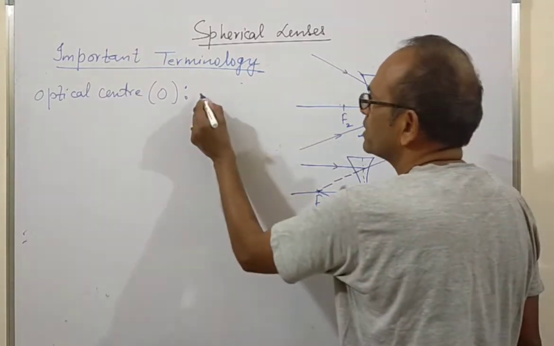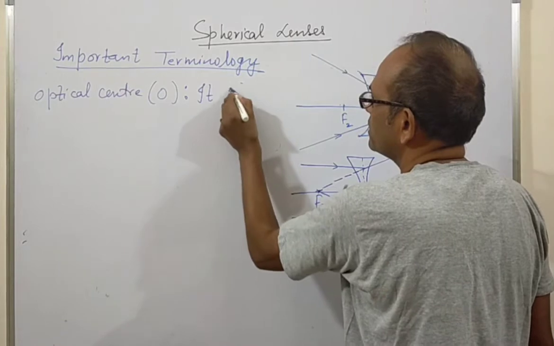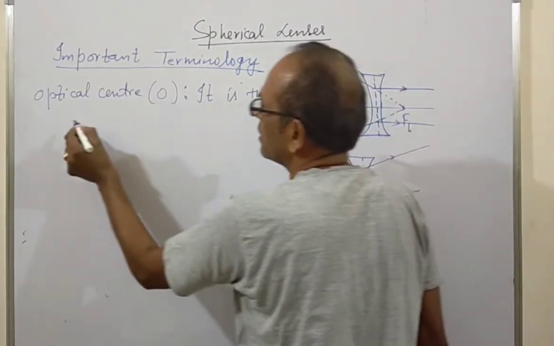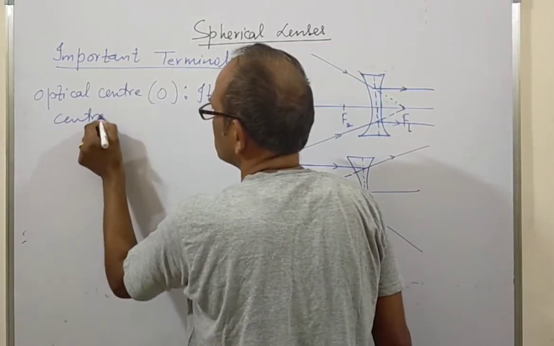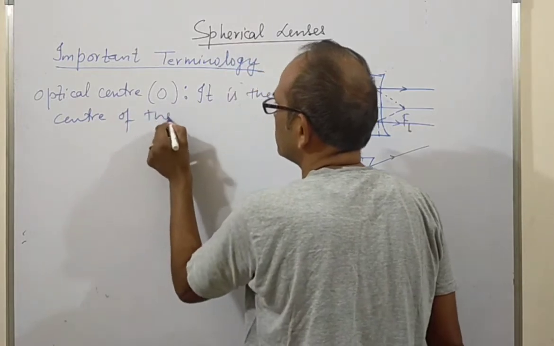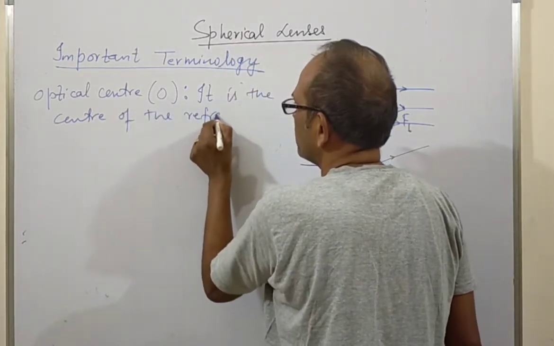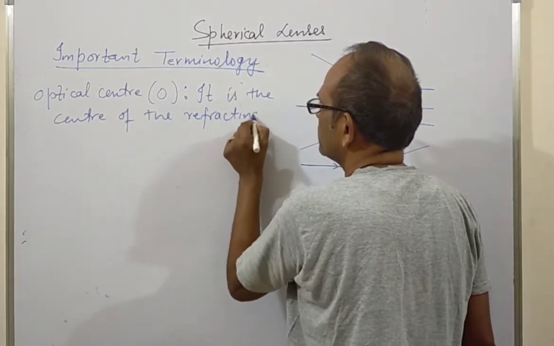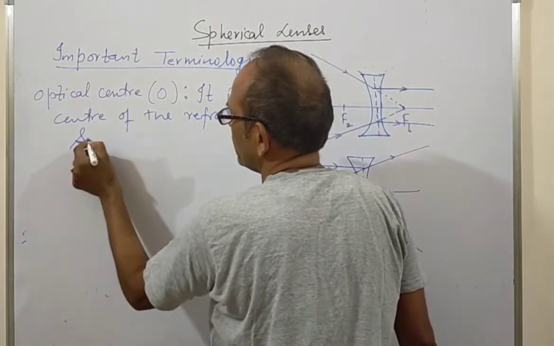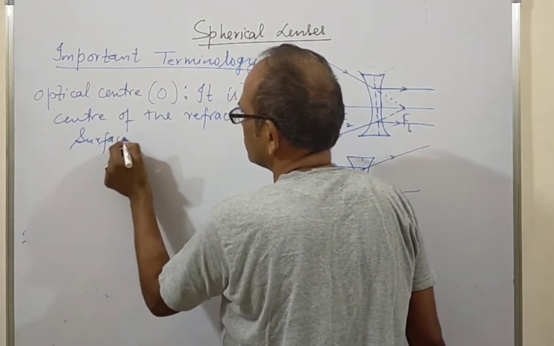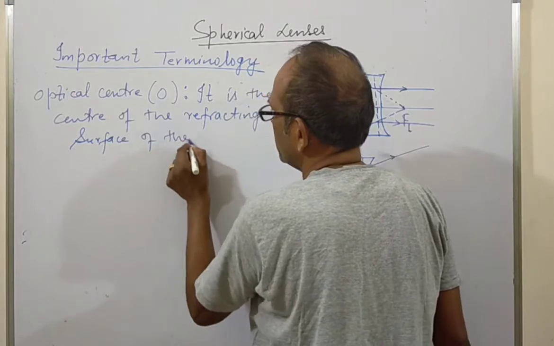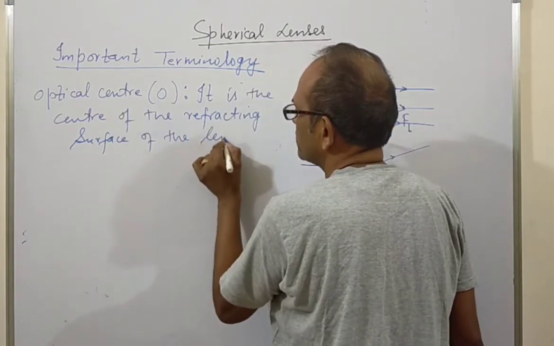So, what is optical center? It is the center of the refracting surface of the lens.